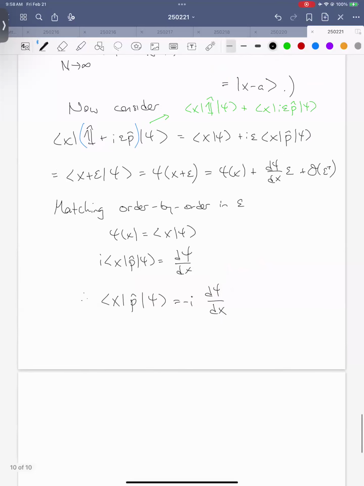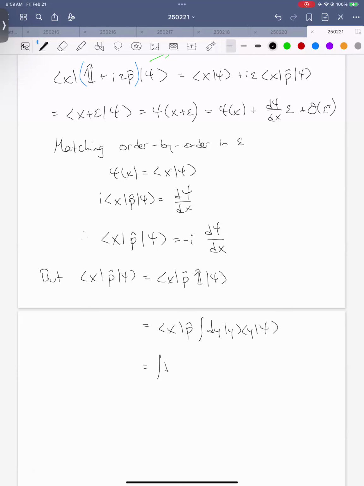Let's do one of the very few things we can always do, which is insert a 1. So ⟨x|p̂|psi⟩ is ⟨x|p̂ 1|psi⟩, those two acting together. And then I'm free to write my 1 however I want, and I'd like to write it as a 1 in the x basis.